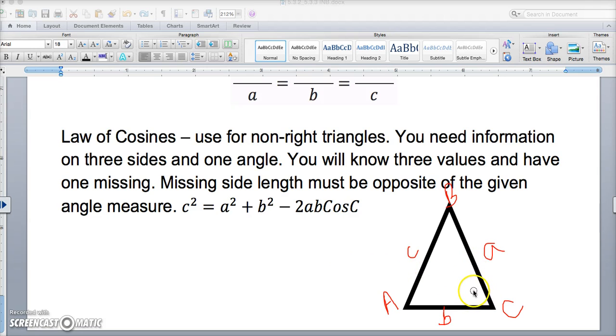So what that means is if the angle that I was given is A, I can relabel this triangle and I can call that C, and I can call that C, and then I can change this to A, and I can change this to A, and now it'll fit my formula. That keeps you from having to learn 3 versions of this law. Just relabel the triangle so that the angle that you either have or that you're looking for is always C.